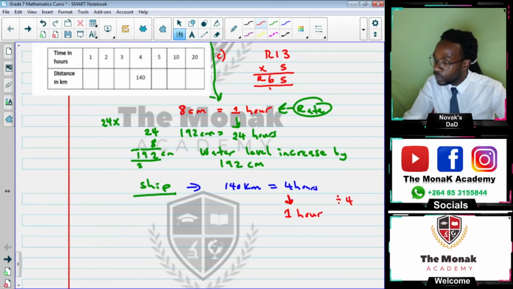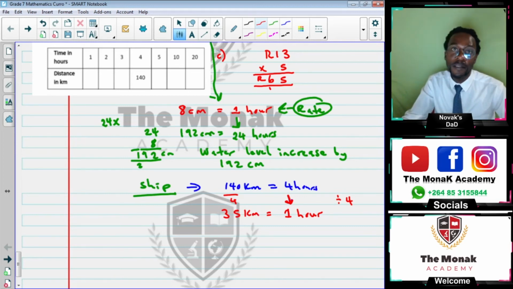So we must divide by 4 here, meaning in 1 hour, 4 into 14 is 3 times. Remember 2 into 20 it's 5 times. So it means this ship every 1 hour is covering 35 kilometers. So now it becomes easy to know that here is 35.